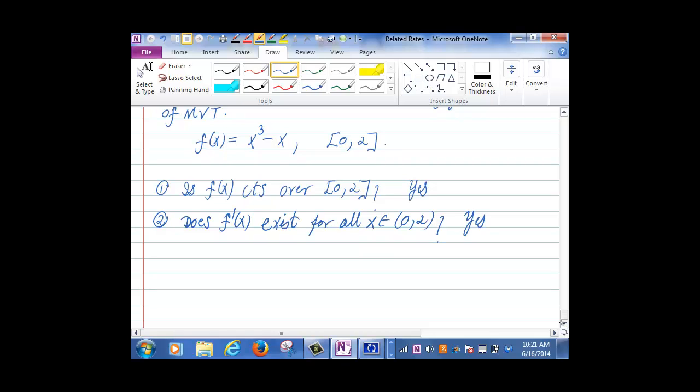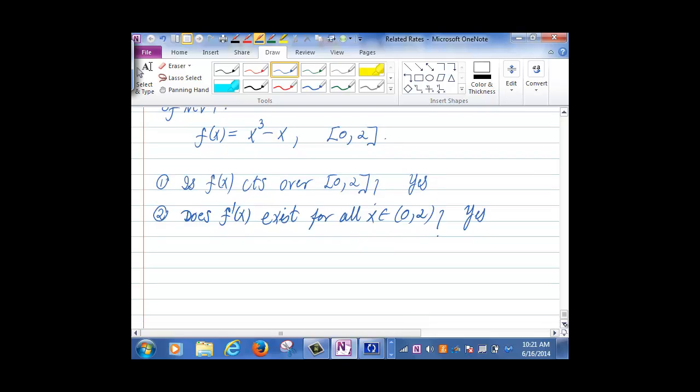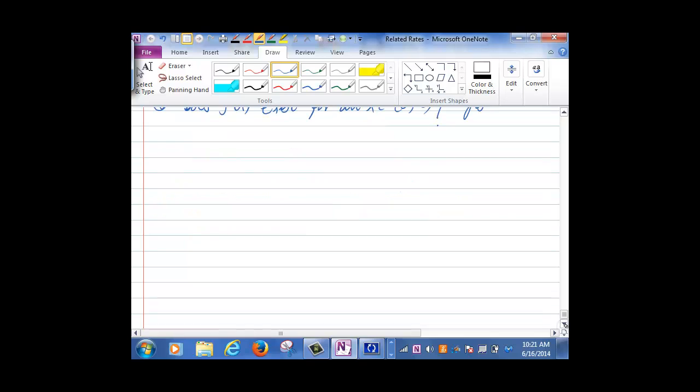It is f of 2 minus f of 0 over 2 minus 0, right? That's the average rate of f. And then I have to find values of c such that the instantaneous rate at c is the same as the average rate.